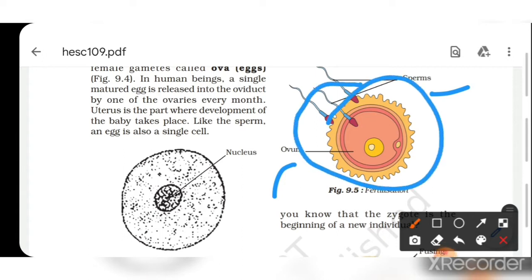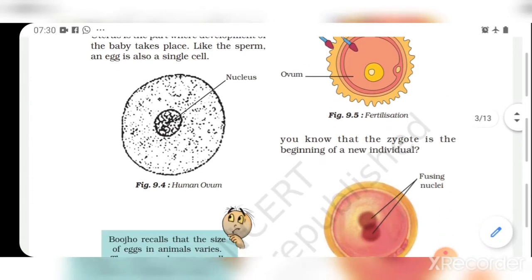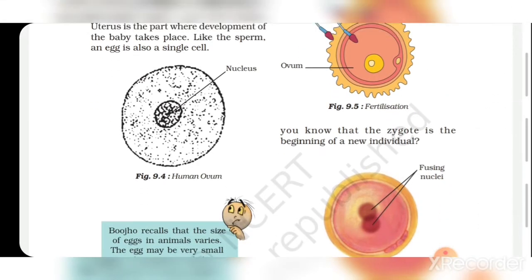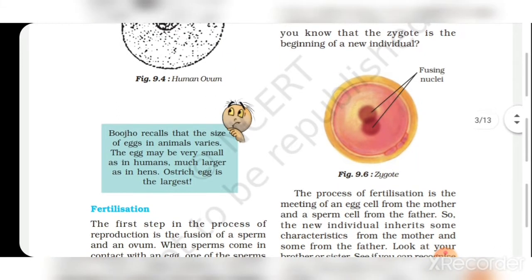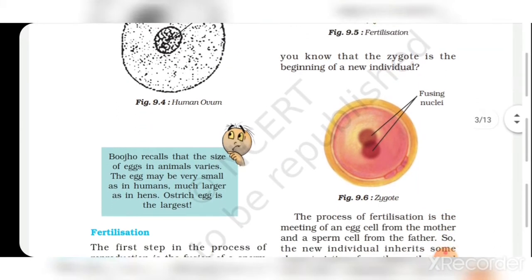It is called the zygote. Do you know that the zygote is the beginning of a new individual?